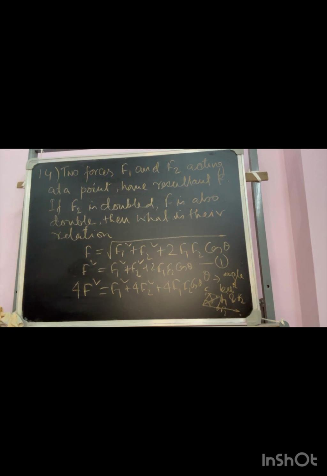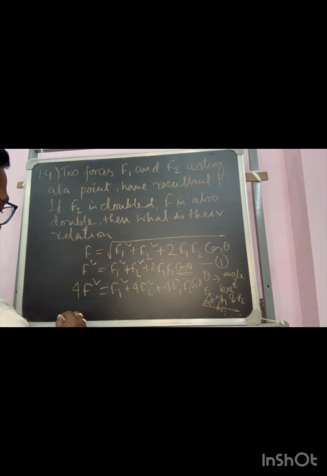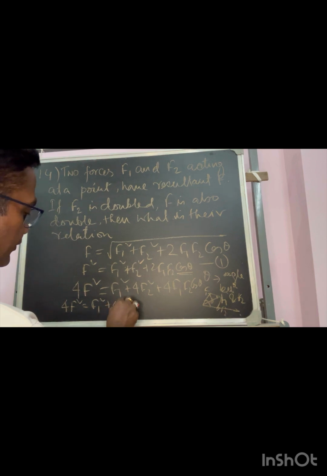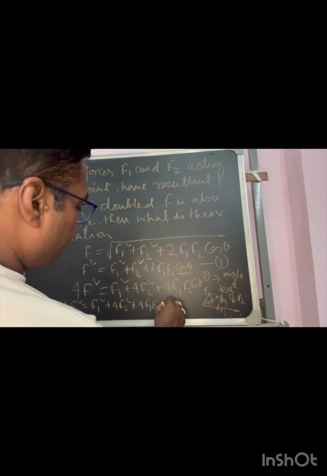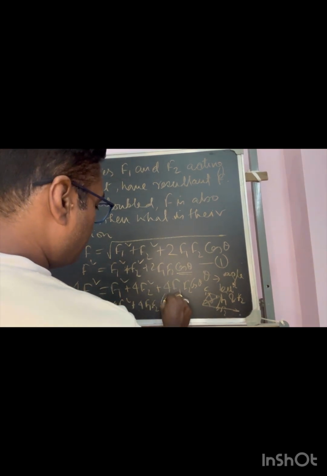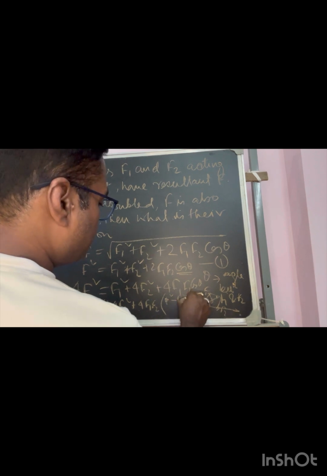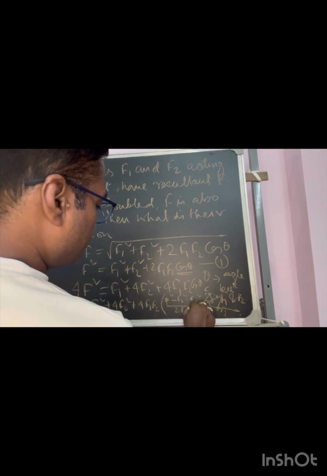Now this information is not given, so you have to eliminate cos theta from the first equation. So it will become 4F square equals F1 square plus 4F2 square plus 4F1 F2, and if I replace the cos theta value from here, it is F square minus F1 square minus F2 square, whole divided by 2 F1 F2.